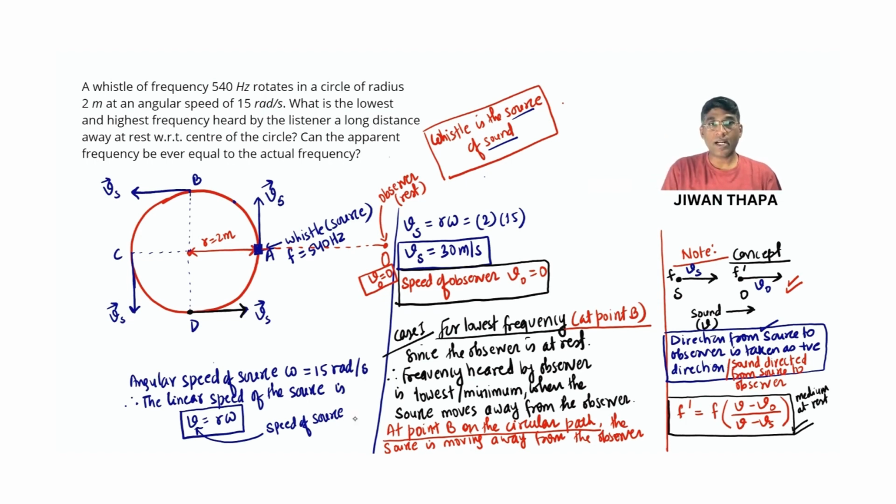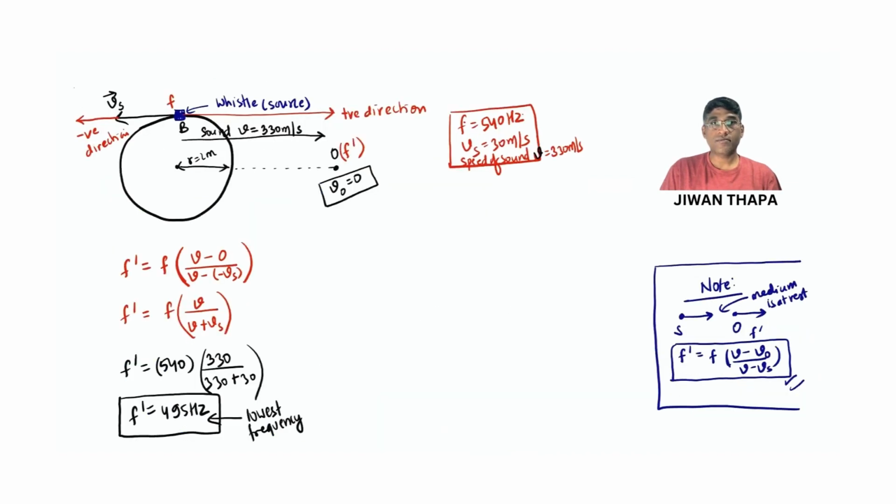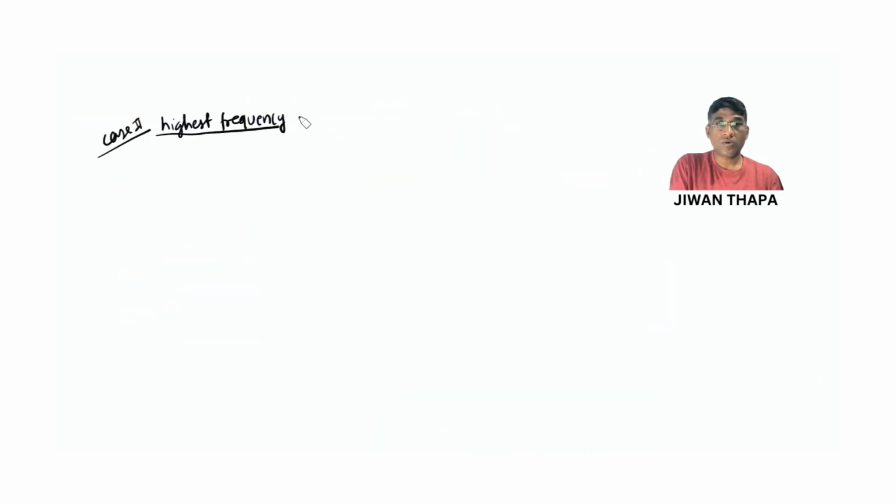So what do you find? At point D, we find this. I'm drawing over here: the observer, it is at rest. This is 0.